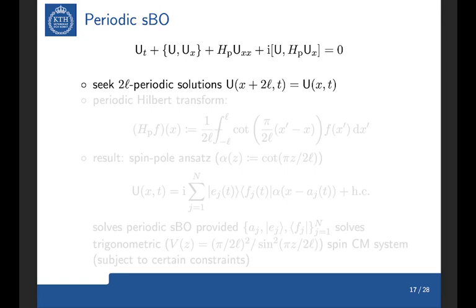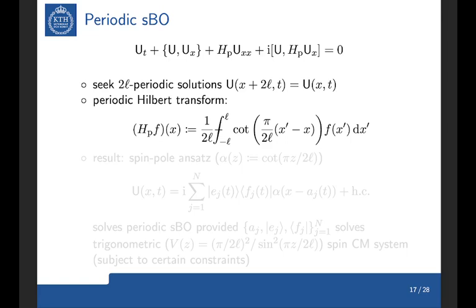And if you do this, instead of looking at the spin Benjamin-Ono equation on R, you can look at it on a circle, and in that case the Hilbert transform takes a different form, kind of an obvious trigonometric variant of the Hilbert transform, where you replace the rational kernel by a cotangent kernel.